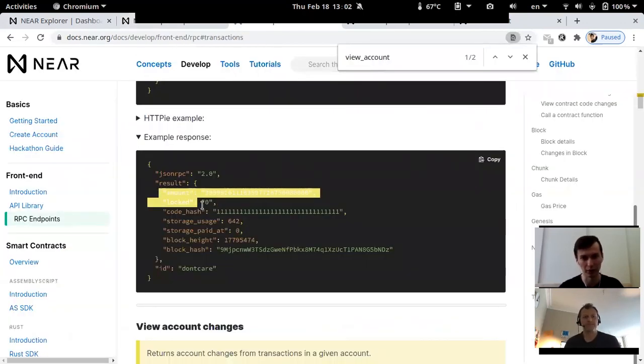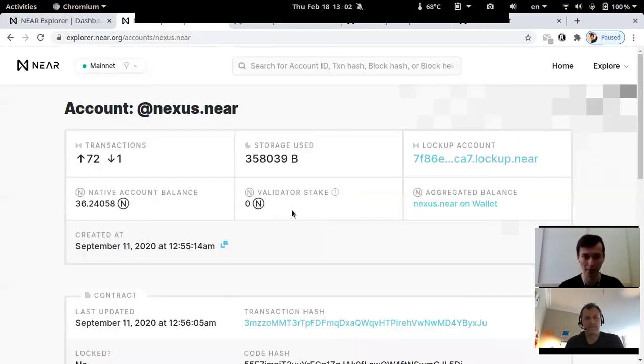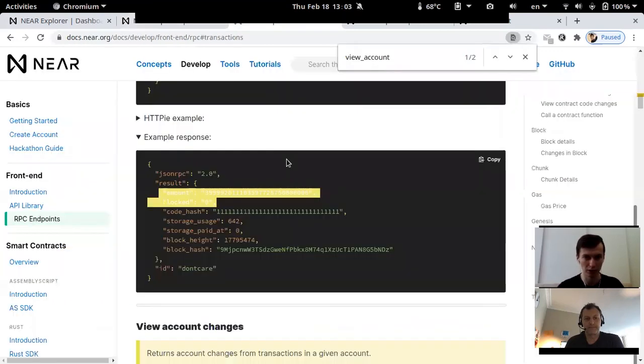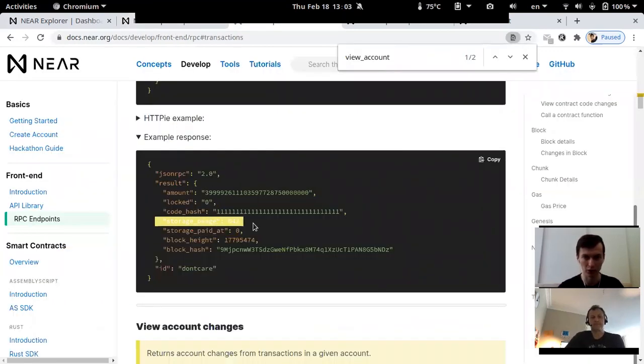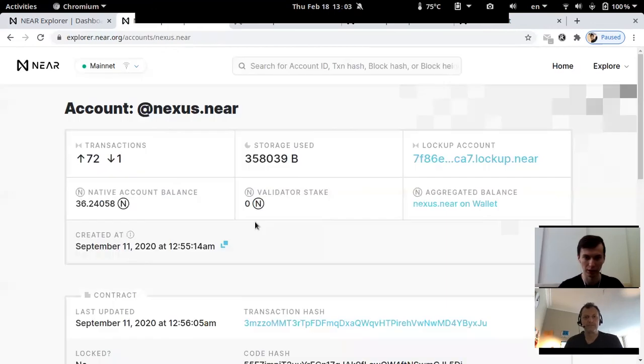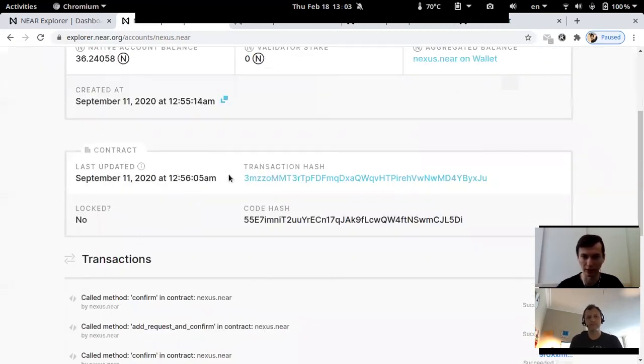These are the two values that we are connecting from the JSON RPC response to the Explorer UI. Storage used is here, essentially just in bytes, and it's 358 kilobytes, coming from the contract that we deployed on the account.